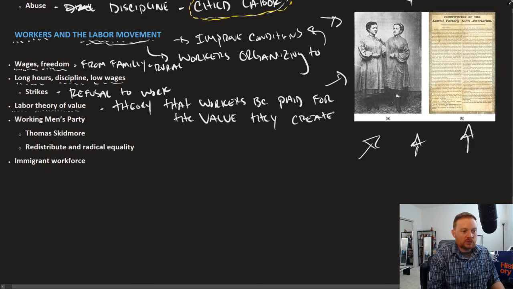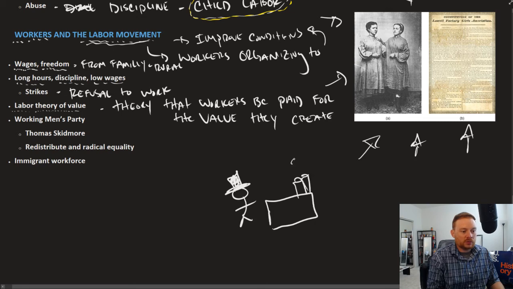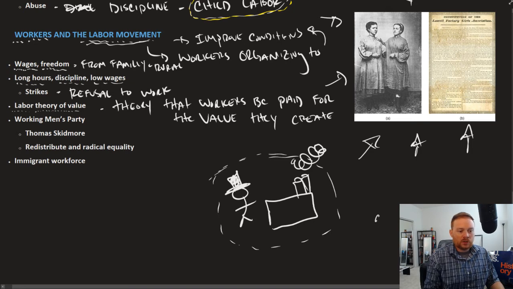So in this industrial system, on the one hand, you have your industrialist. We'll put a top hat on him. You know, he is wealthy, he is affluent, he owns the factory, right? There's the factory, there's the smokestack, right? So they own this, right? Then you have the workers on the other hand.